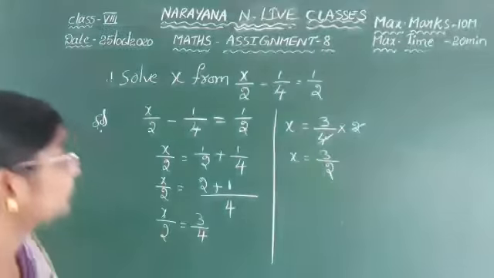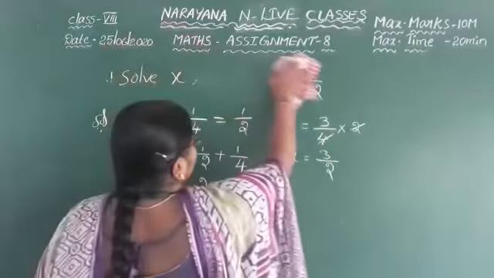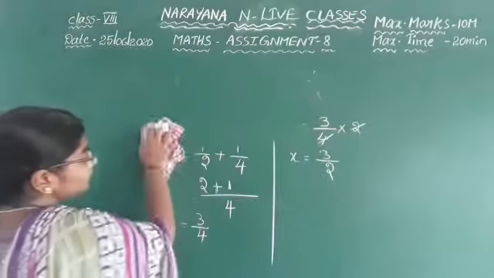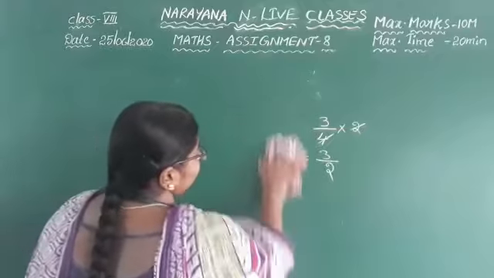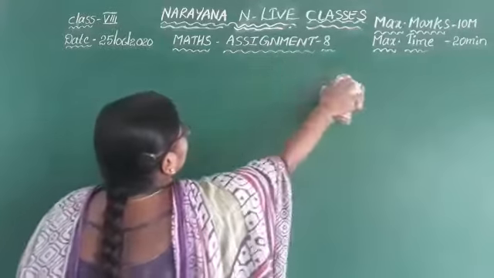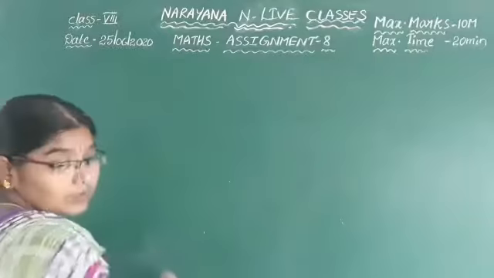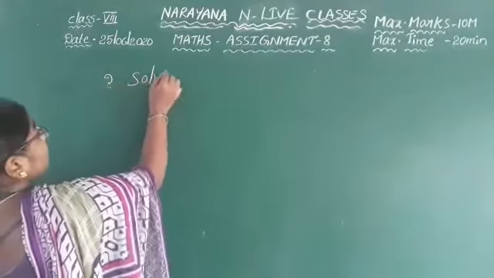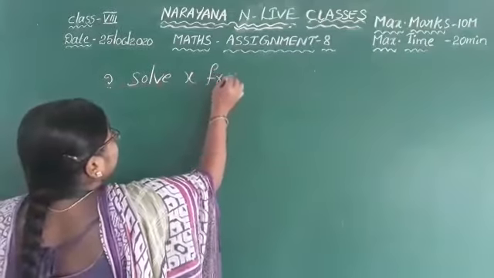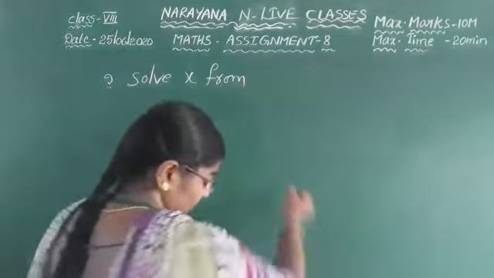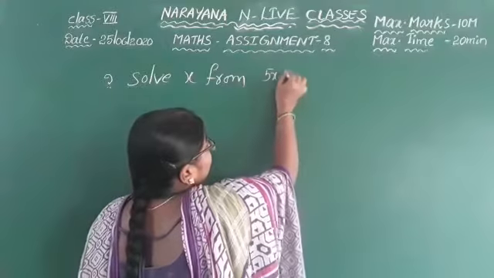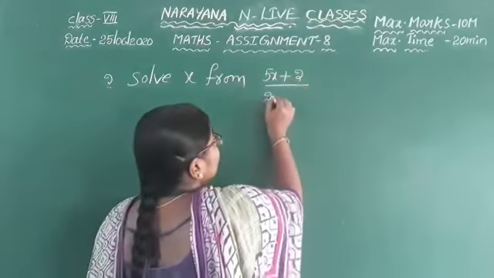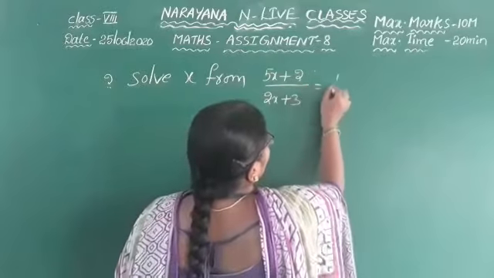Next, the second question. Solve x from 5x plus 2 by 2x plus 3 is equal to 1 by 2.